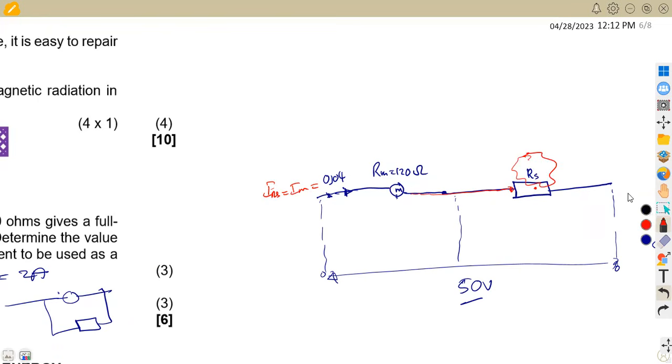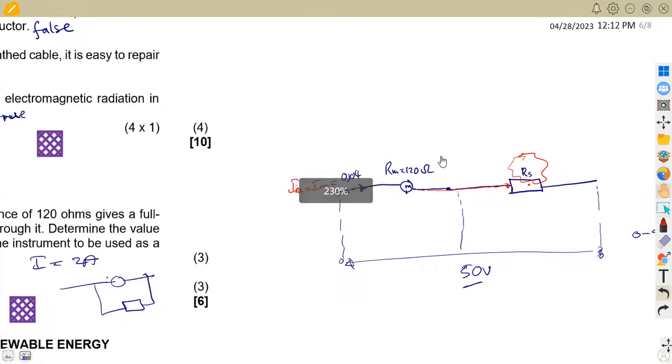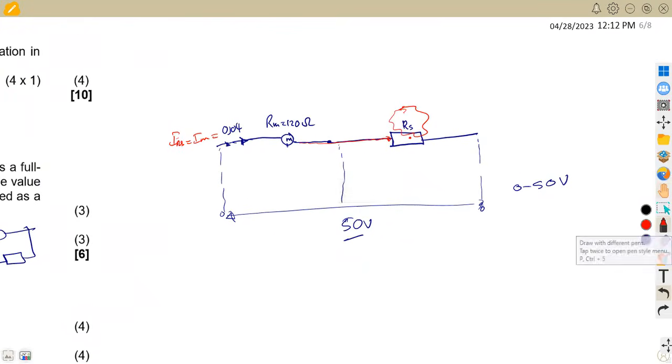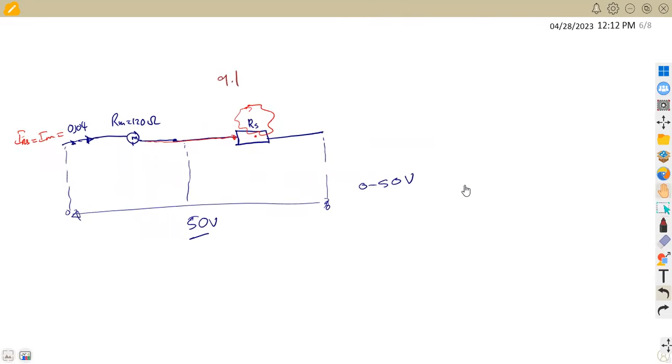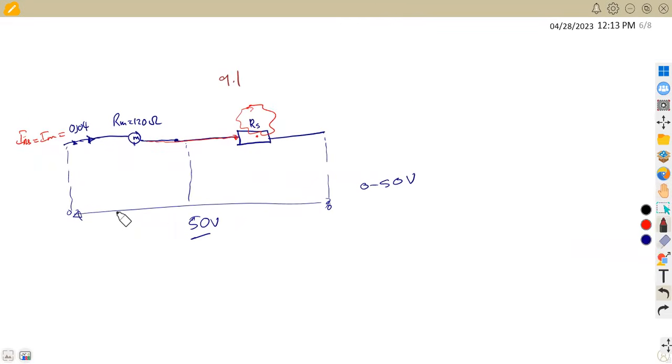Remember that in series, to accommodate this voltage, we add the sum of the voltages. The voltage of 50 volts is equal to the sum of the voltages: the current of the meter times the resistance of the meter, plus the current of the meter, which is the same as the current across the series resistor.